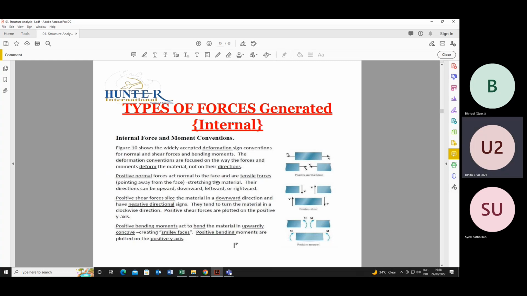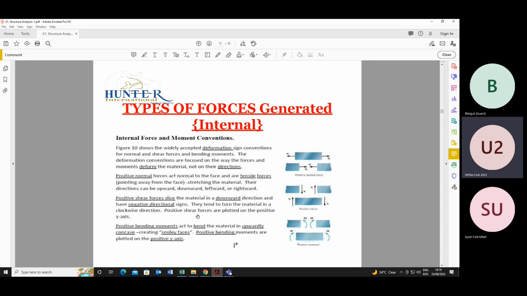So considering the normal force, positive normal forces act normal to the face and are tensile forces stretching the material. It means if there is a tensile force, it will stretch the material, and we consider it as positive. Their direction can be upward, downward, leftward, or rightward.